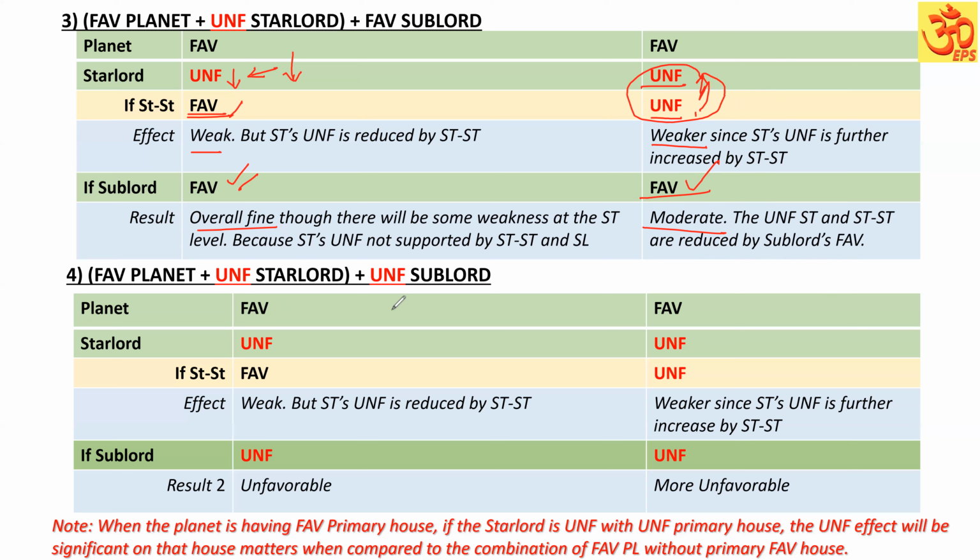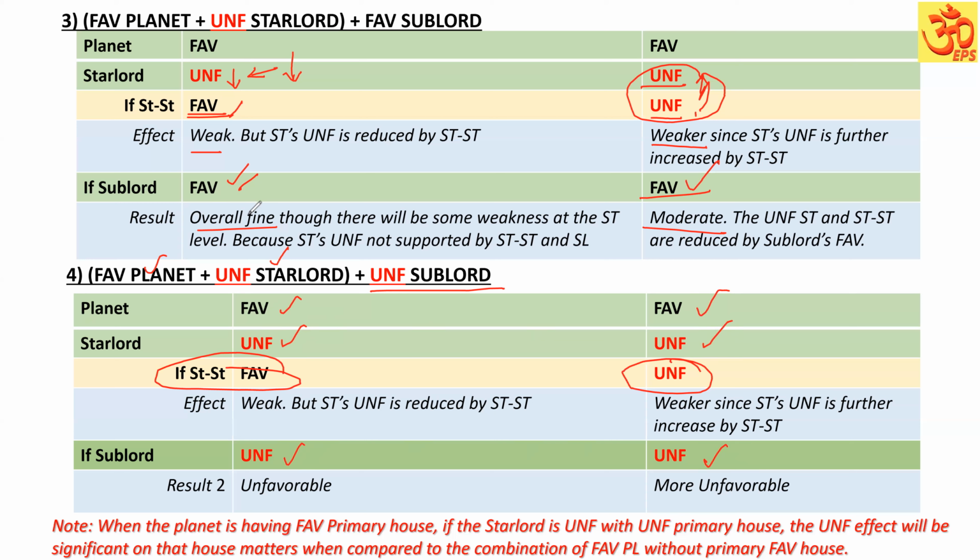Now the next combination. The planet is favorable, the star lord is also unfavorable, and the sublord is unfavorable. In both options, the planet is favorable, the star lord is unfavorable, and the sublord is unfavorable. The difference lies with the star lord of the star lord.